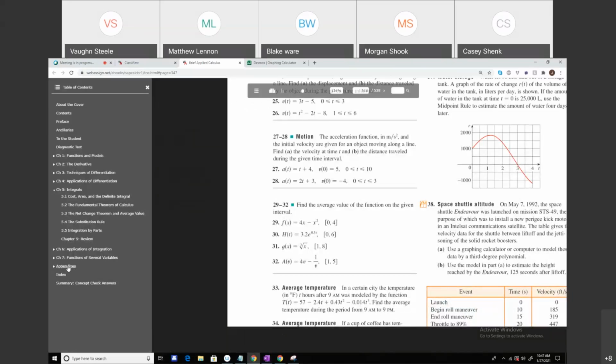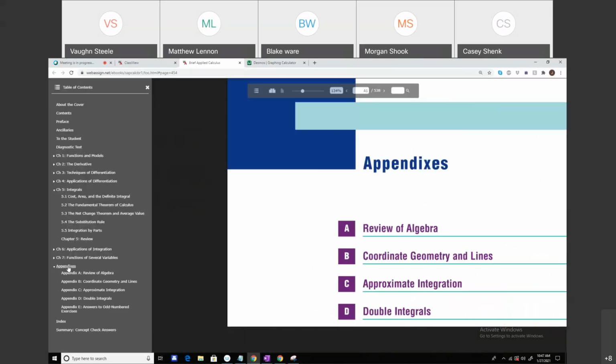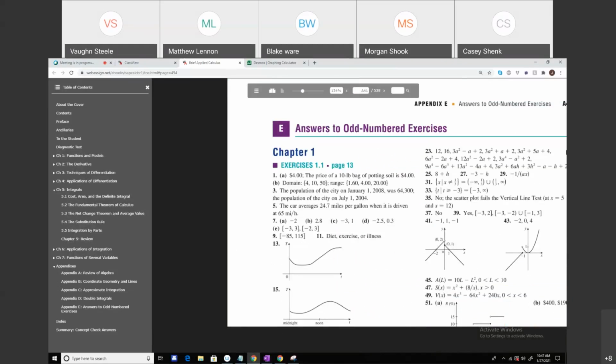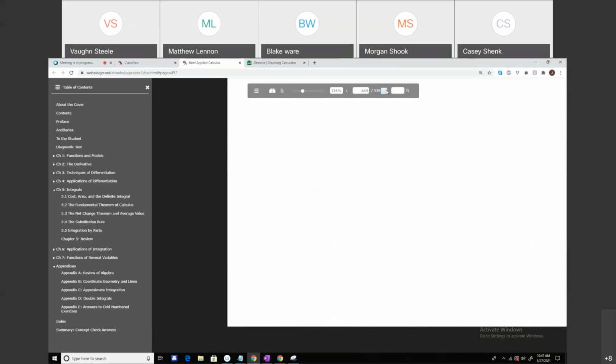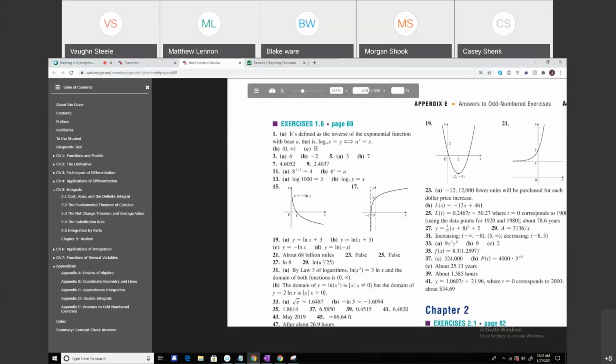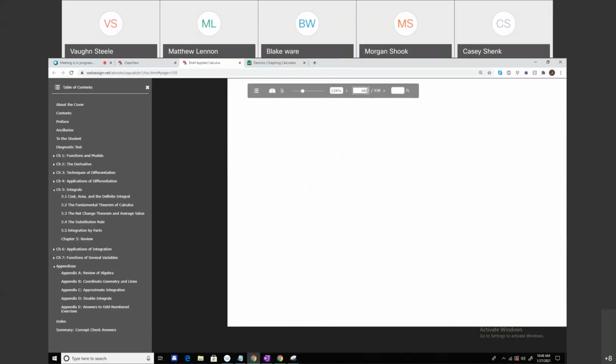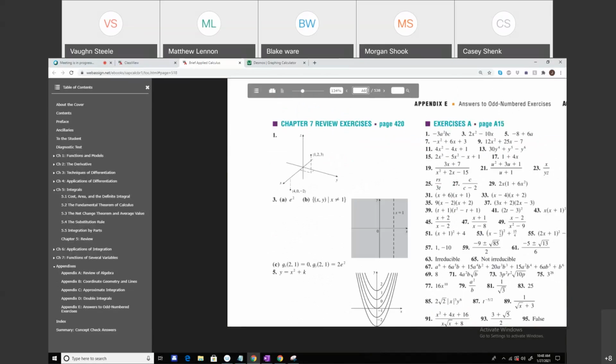Appendices, maybe. Answers to odd number exercises, and we want 5.3. Probably let's jump ahead to like A 65. A little too far, maybe A 60.